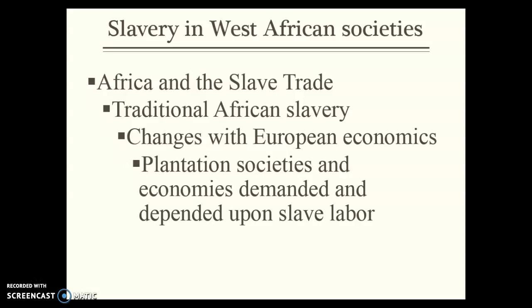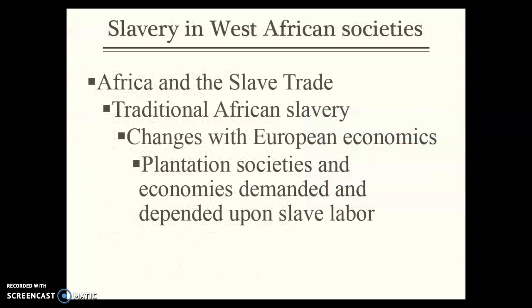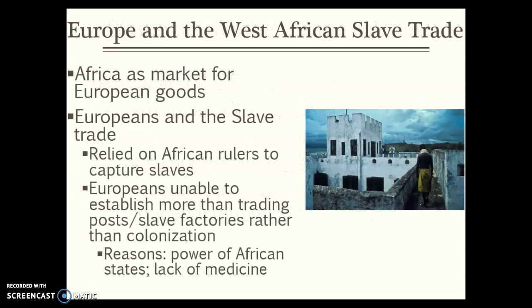It's going to lead to more and more slave raiding in West Africa as well. And so even as the European economies become more reliant on these plantation laborers, these plantation societies need massive amounts of slaves and forced laborers to do their work. But again, make sure you look at the slides.